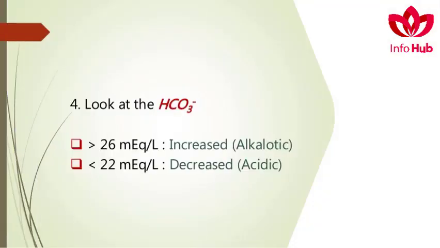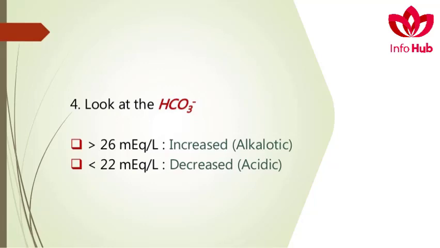Then the next thing that you see is bicarbonate levels. Bicarbonate is a metabolic component, so if its value is greater than 26, you'll say that the patient has alkalosis. But what type of alkalosis? Since it is a metabolic component, you will say metabolic alkalosis.